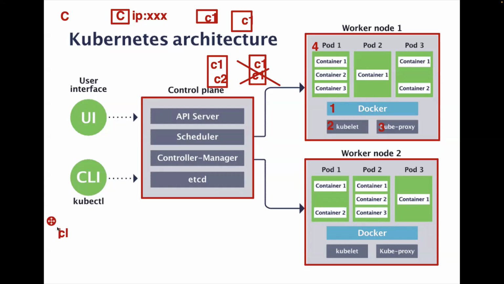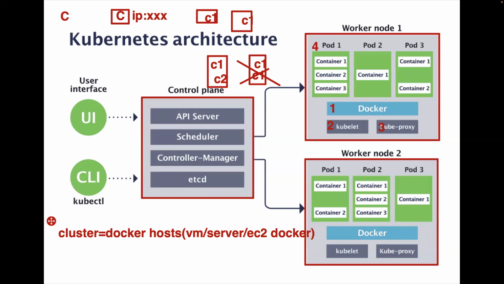In Swarm or Kubernetes, a cluster is a bunch of Docker hosts or Docker engines or Docker daemons, whatever you call it. A host is nothing but a VM or a physical server or a cloud instance where Docker is running. A bunch of Docker hosts is a cluster.